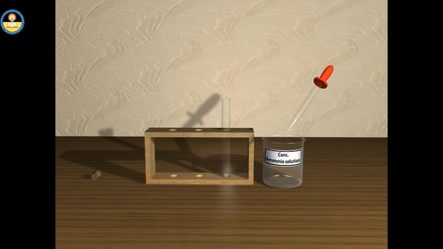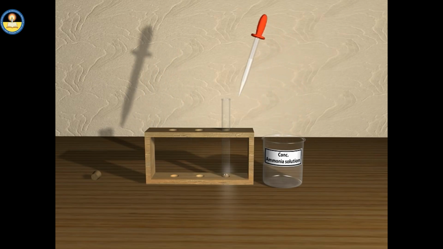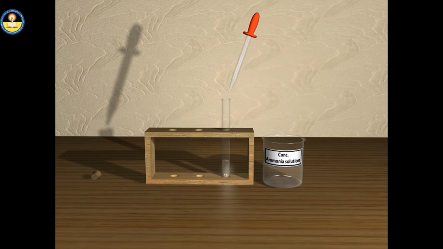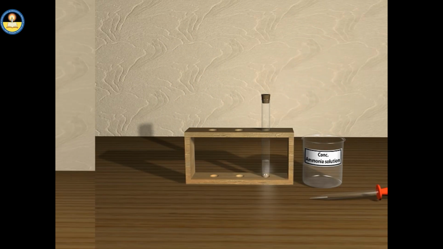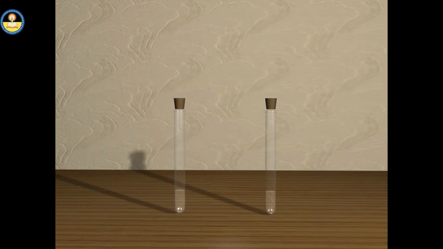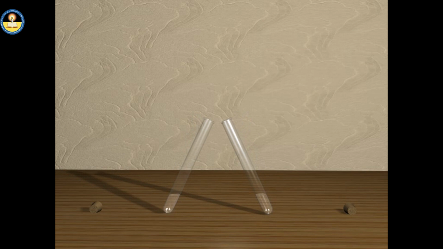Using a clean glass tube, the same process is repeated using concentrated ammonia solution. Both stoppers are removed and the mouths of the test tubes are brought together. Thick white fumes are produced at the mouth of the test tubes. The white fumes are of fine solid ammonium chloride.